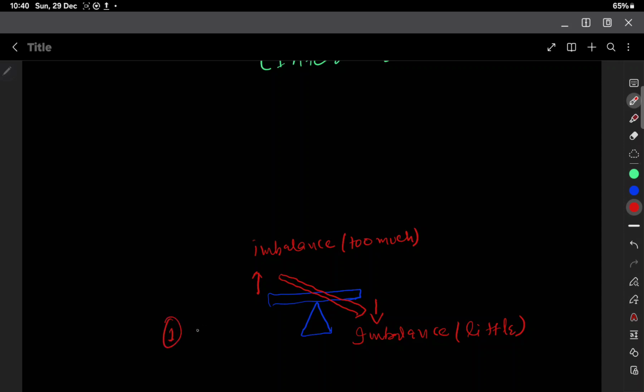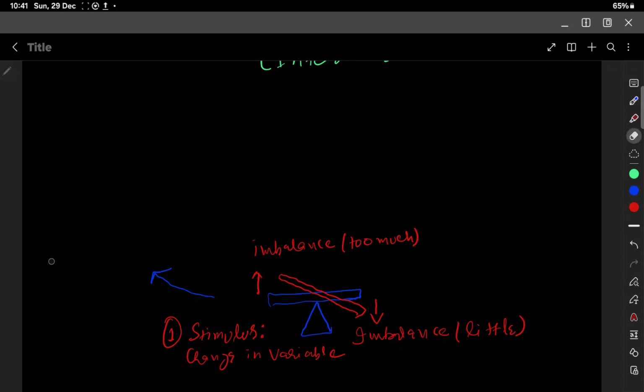In step number 1 there will be a stimulus. The stimulus produces change in a variable. Now this stimulus is detected by a receptor, so I will write step number 2 here.